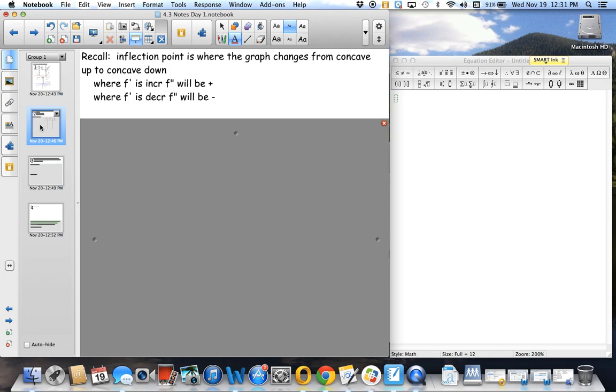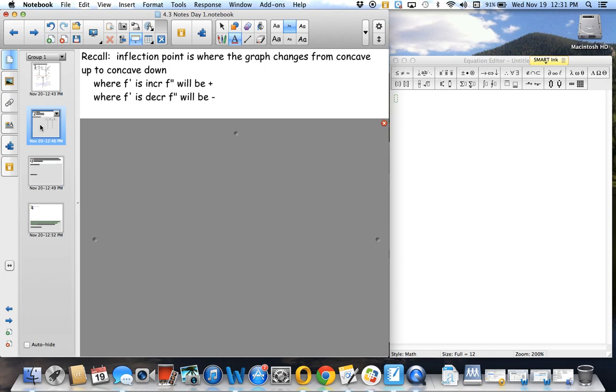So it says on here to recall that we have an inflection point. An inflection point is where the graph of f changes from concave up to concave down or concave down to concave up. And we know that where the derivative is increasing, the second derivative will be positive. So we're just going deeper. Remember where f was increasing, f prime was positive?